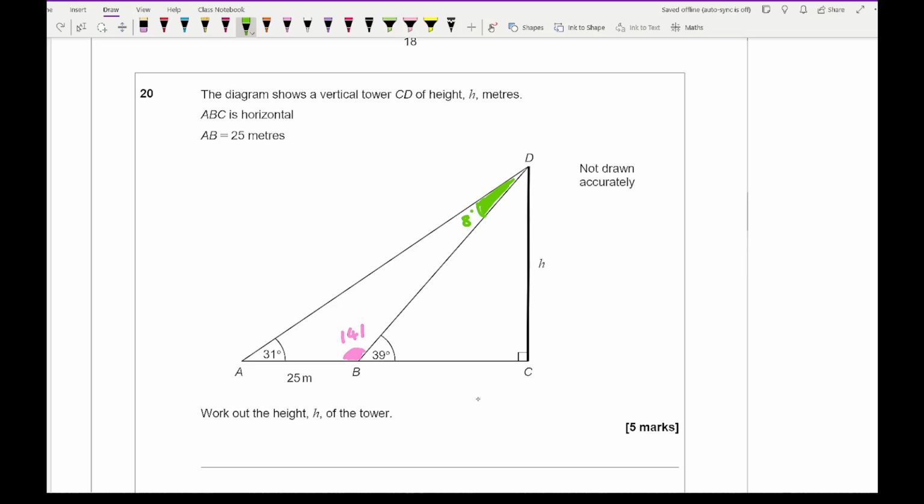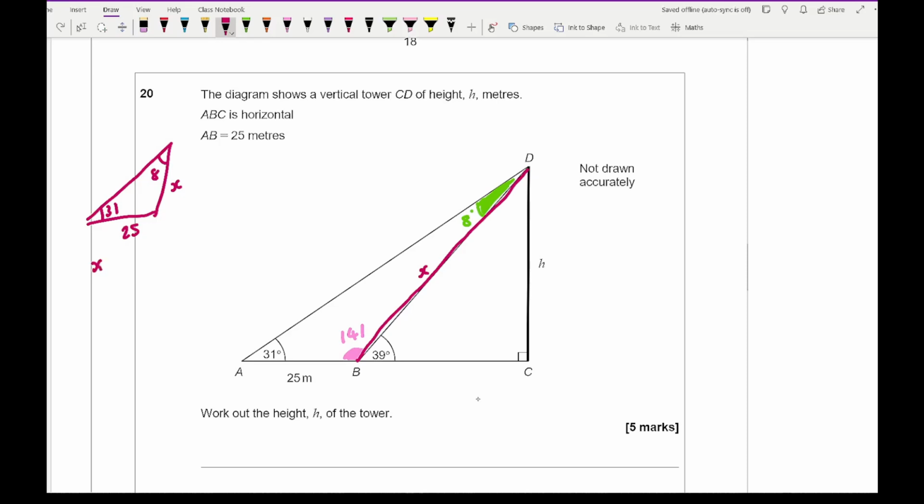So from this, I can work out what this length here is going to be. If I take that triangle out, and let me just do a little sketch, this is 31, this is x, this is 8, and this is 25. To work this out, I'm going to use the sine rule.